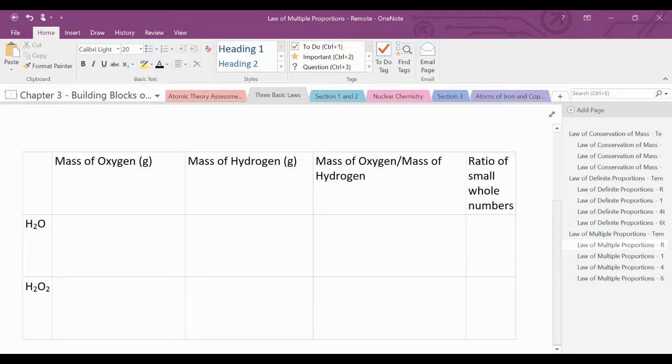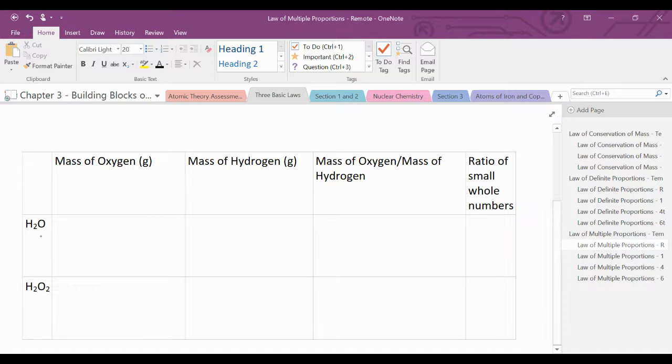All right, so when we look at the mass of oxygen and the mass of hydrogen here, I'm taking those values directly from the periodic table. So if you want to pause the video here and pull out the periodic table that I gave you with your textbook, you're going to look and find oxygen. And oxygen is going to be atomic number 8.